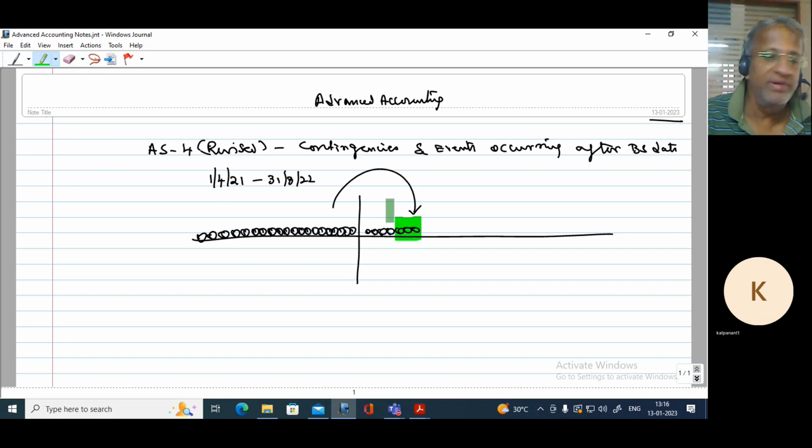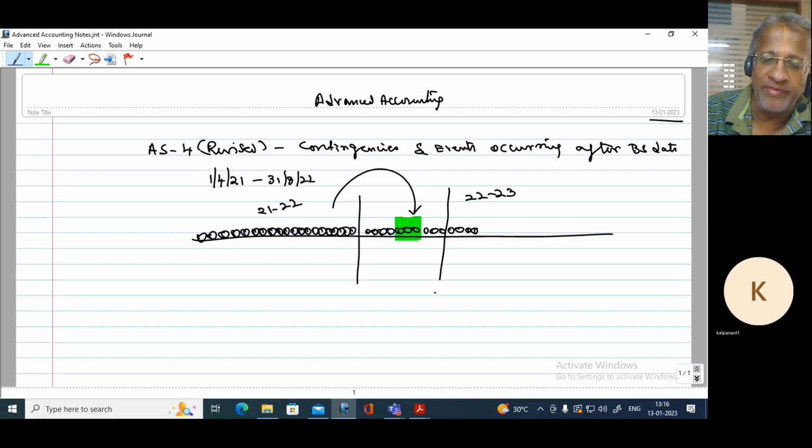Maybe these 3 events may be related to the year 21-22, and that year 22-23's events might also be occurring.